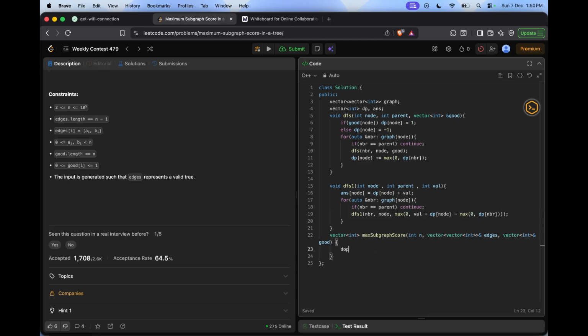Now all the assigning things: we want a DP of size n, we want the answer of size n, we want a graph or adjacency list. Now iterate over the list given to us, edges, and build the adjacency list.